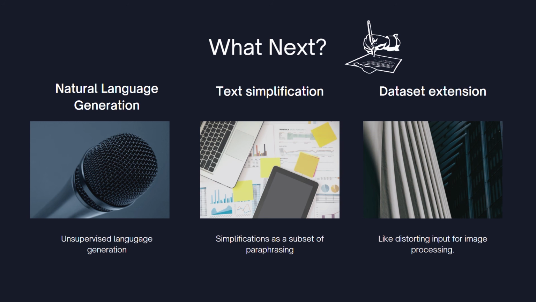We may also use this method to extend question answering datasets, much like how input is sometimes distorted in image processing. We can find variations of questions that result in the same answer to increase generalization.